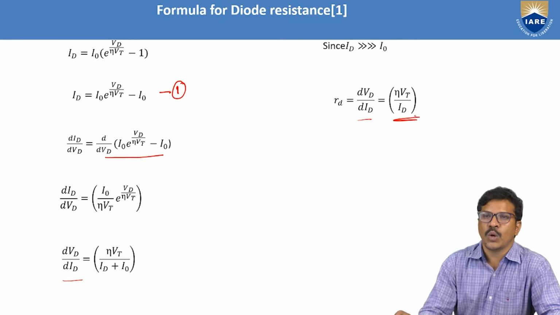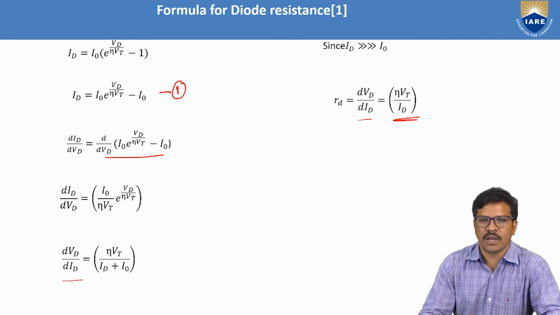Finally, we consider the parameters that exist in the diode. Vt is the thermal equivalent temperature inside the diode junction when we apply the power supply to the diode. Eta relates to the diode material, and Id is the current flowing in the PN junction diode when we apply the forward voltage.